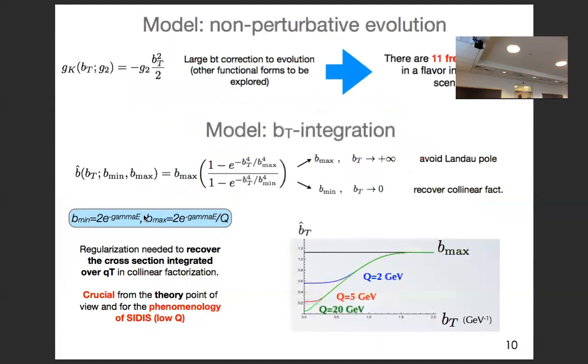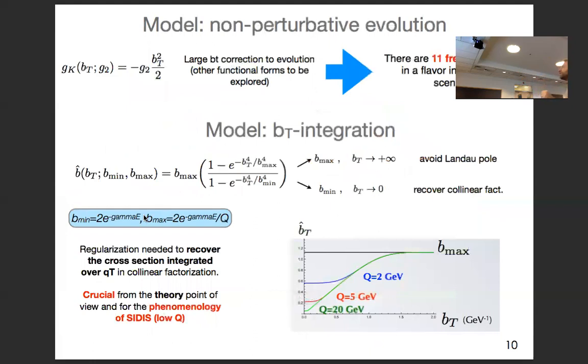Then you have the non-perturbative part of the evolution, as I was already saying in the previous formula, and this is customarily written like this. So we just chose the easiest form, let's say, but of course other functional forms have to be explored, and we are currently exploring them.